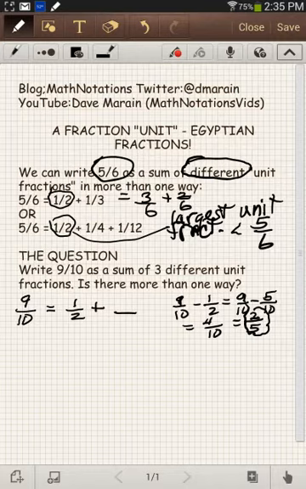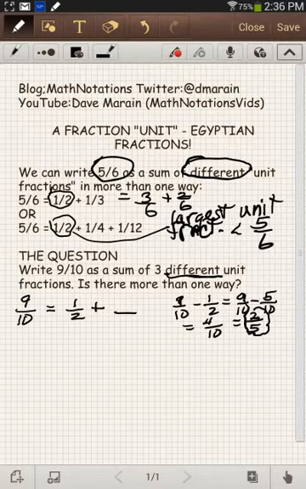In this case, we can ask our students to write 9/10 as a sum of 3 different unit fractions. And let's begin. The largest unit fraction less than 9/10 is 1/2. Let's see what's left over.